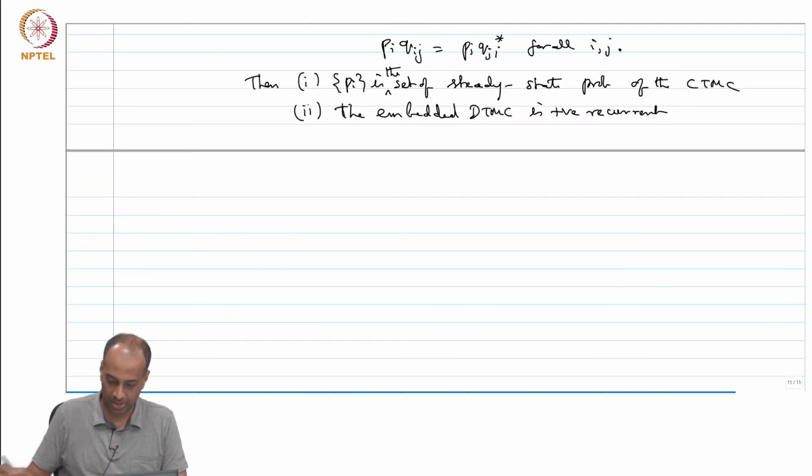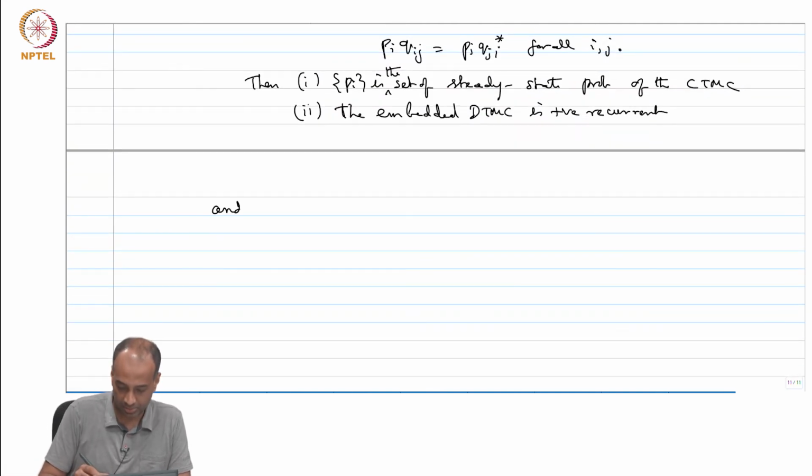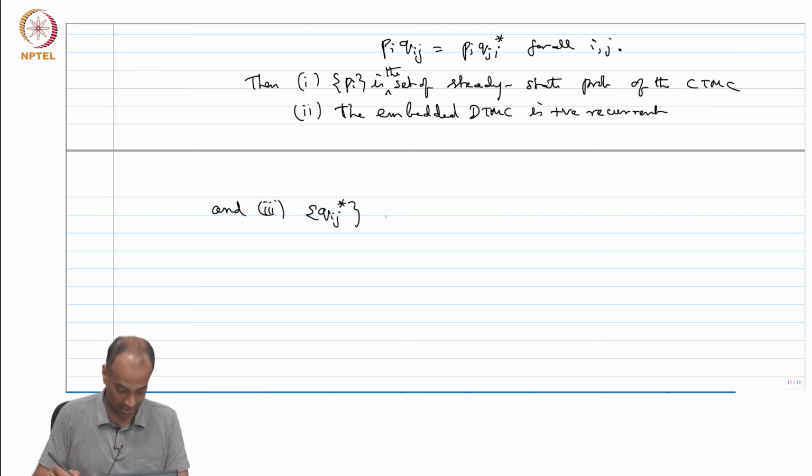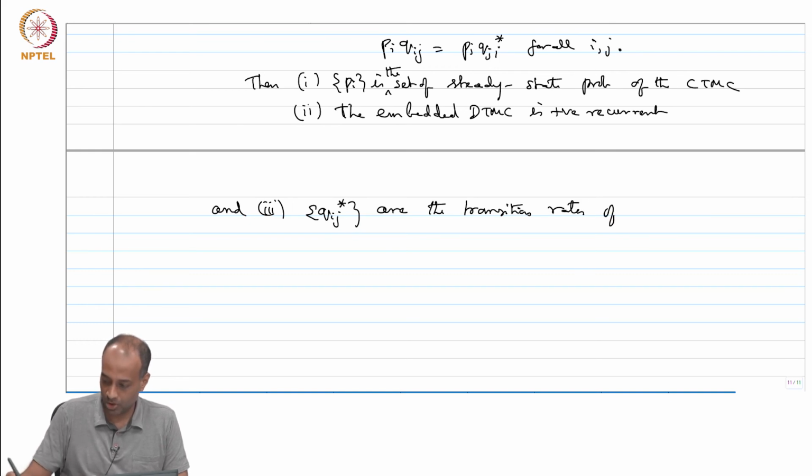And 3, perhaps most important of all, Qij star, whatever you guessed, are in fact the transition rates of the backward CTMC.